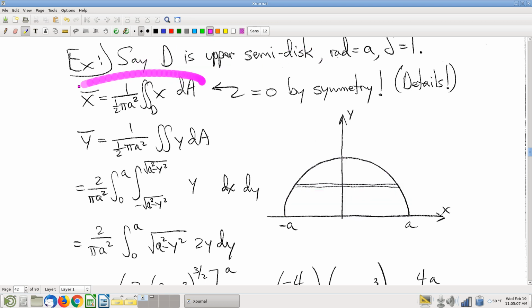So here's the formula for x bar. Just writing down the formula from the previous page. The area is easy, so 1 over the area, no problem. And we've got a double integral to compute. And good news, it's 0 by symmetry. Again, flashbacks to my college days.